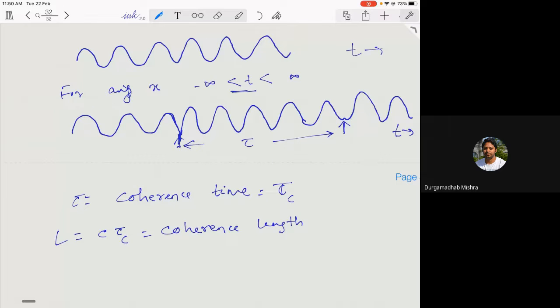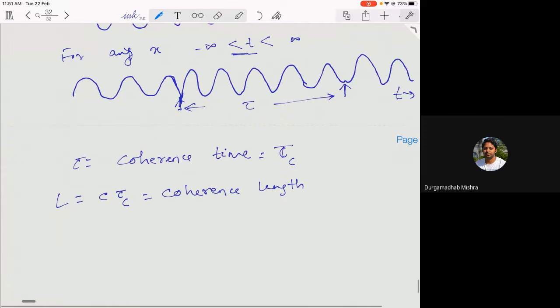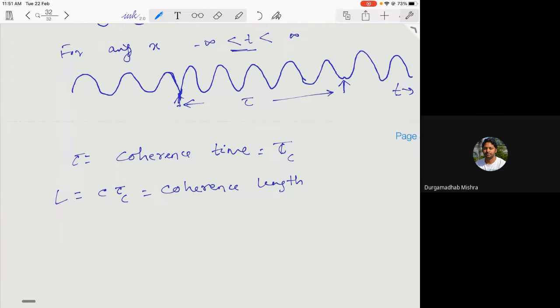You have a certain time period over which the wave remains cosine-like or sine-like, so let's say a sinusoidal wave. It remains sinusoidal for a length of time tau, which is the coherence time. After that again there is some change, but again it goes back to a cosine wave and so on. So what is the implication in terms of interference?